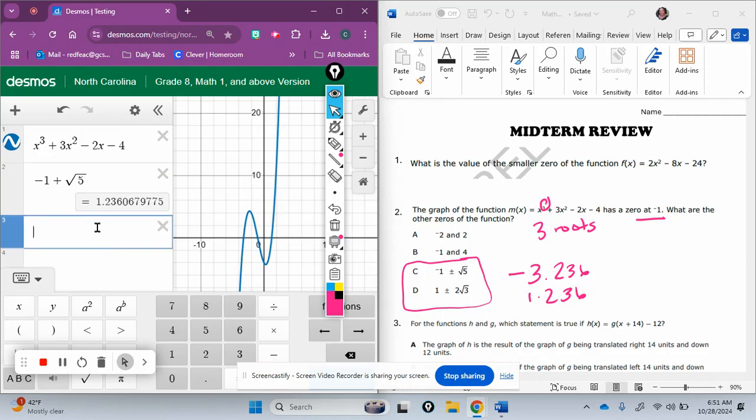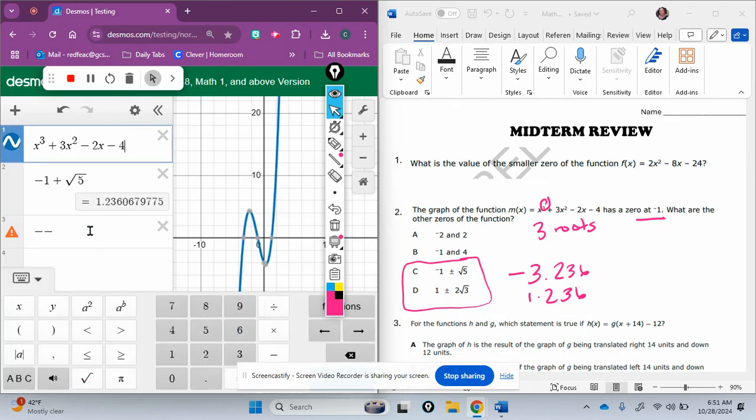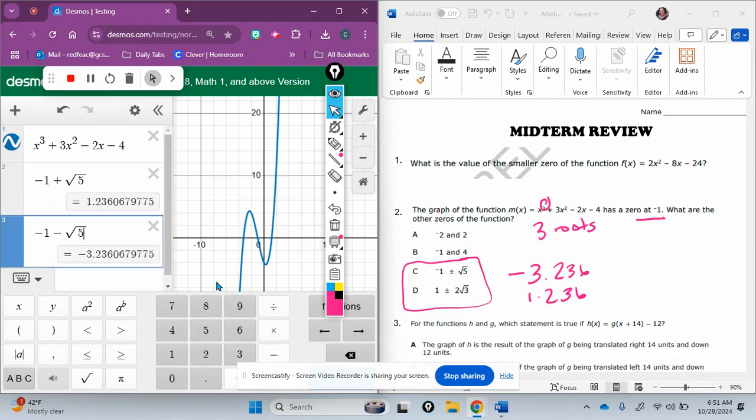So I know that when I type in -1 minus the square root of 5, it should give me the same thing. -1 minus square root 5, I get -3.236. So my answer for number 2 should be C.